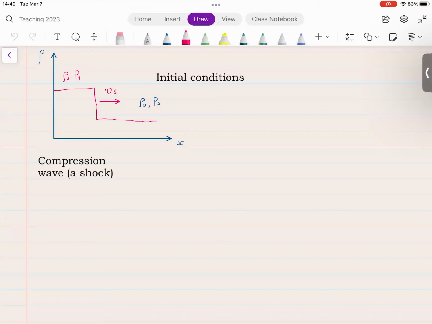There is quite a bit that you can do, and let me just write some results.